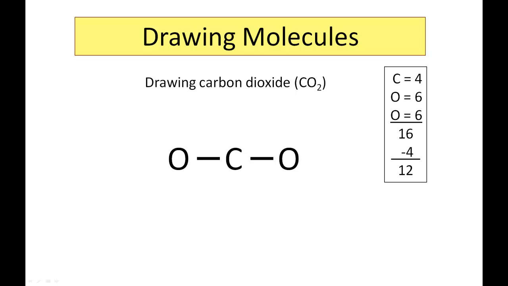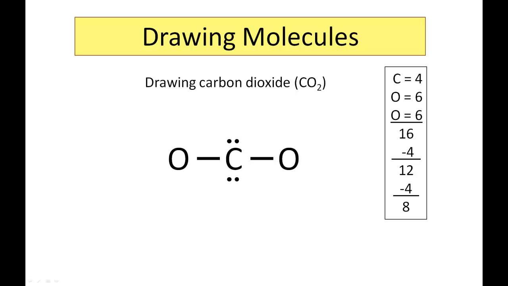We're going to go ahead and subtract 4 because there's 2 bonds, each sharing 2 electrons. That gets us down to 12 valence electrons. Remember, the next step is to put the remaining electrons around the carbon until its octet's full. That gets rid of another 4, and now carbon has 8 around it, and its octet is full.